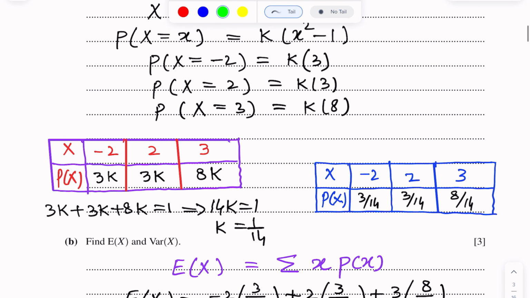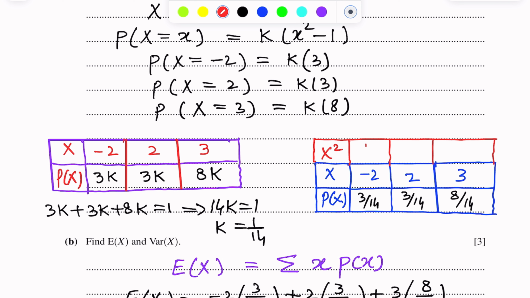So we make a little construction in the same probability distribution table. We are making here the table for the values of x square because we need x square in this formula of variance. So we are taking square of each value of x: -2 square, that is 4, 2 square 4, 3 square 9.